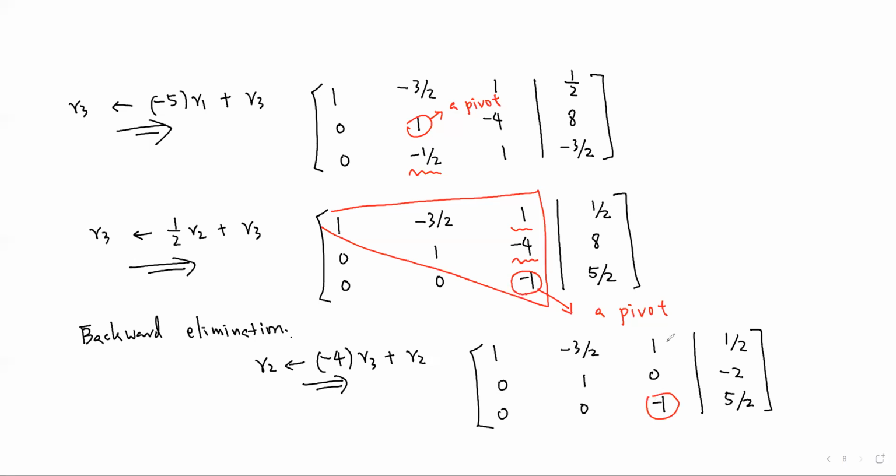Next, I use this number again to eliminate this number 1. The operation is 1 times row 3 plus row 1. Then put this result in row 1. Don't put it in row 3.